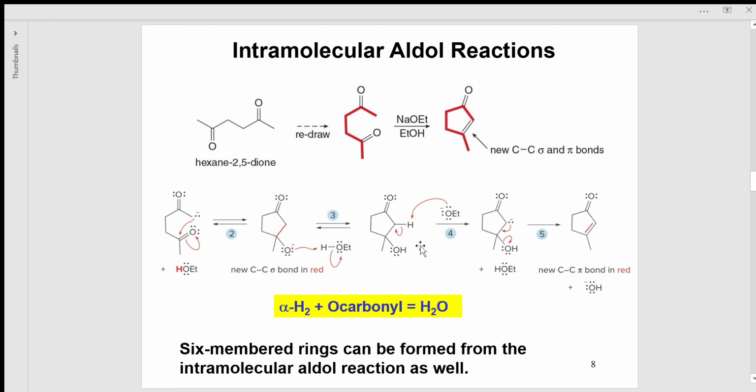This is called an intramolecular aldol reaction. By this time we will learn a lot of intramolecular reactions. They normally form either 5-membered or 6-membered rings. These are very unique structures, very unique reactions.